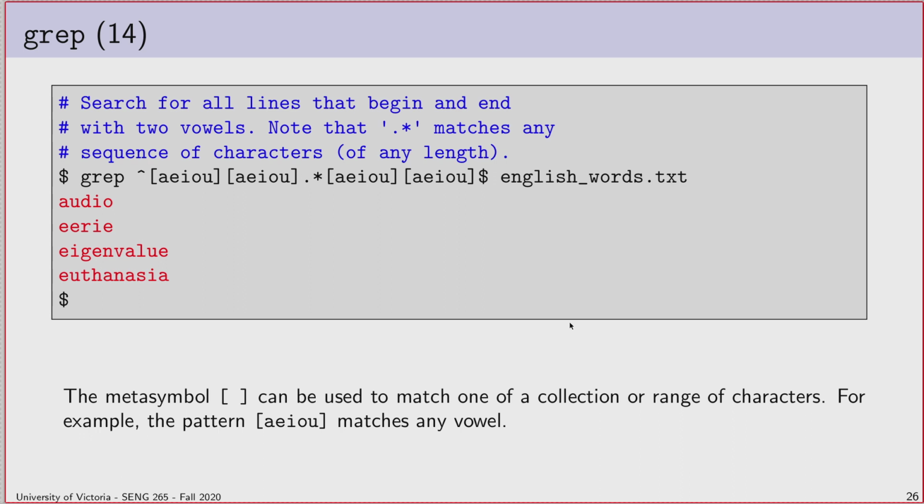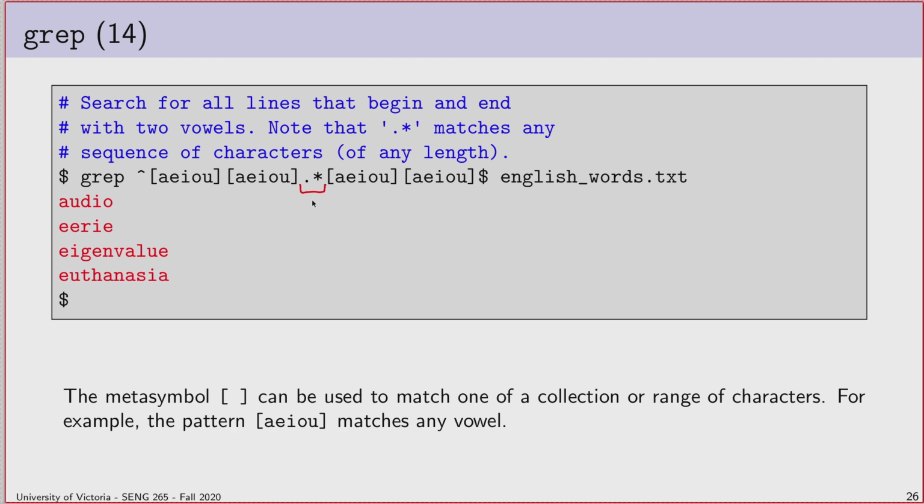There's also this meta symbol, the square brackets. If I put a set of things in square brackets, what I'm saying is match one of the things inside these brackets. So to be clear, the thing I'm circling here is going to match one character, and the character it matches will be any of these 5 things, any vowel. You'll also notice in the middle here, I'm using dot star.